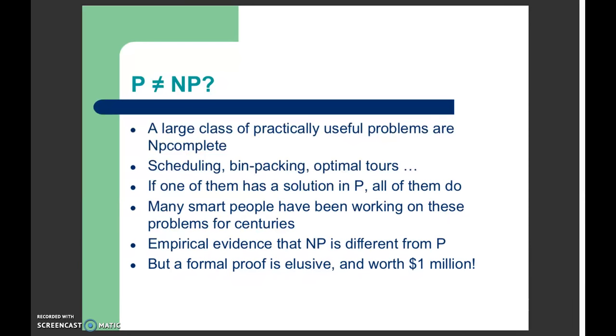Many smart people have been working on these problems for centuries so that their achievements or discoveries can be used by future generations. There is empirical evidence that NP is different from P, but a formal proof is elusive and worth $1 million. So try your hand at it, and thank you for the lecture.